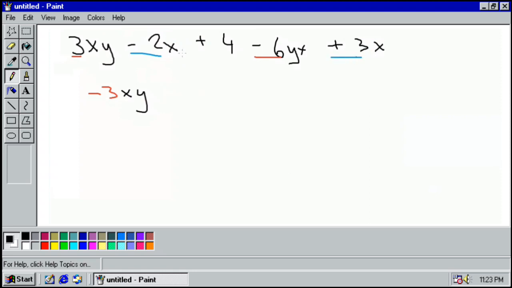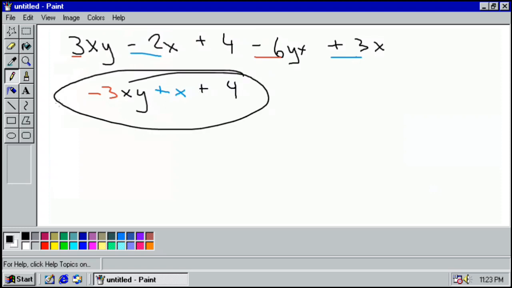In this case, we can just write plus x, since there is an invisible 1 there. You can just not put it when it has a coefficient of 1. Then we have plus 4, which is sitting there lonely, so let's just add it there. So this is the answer.